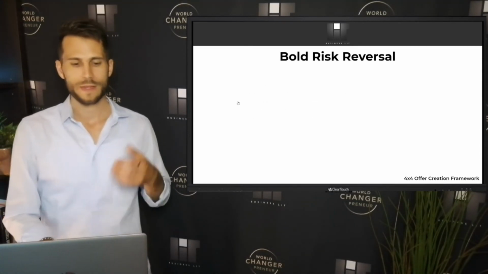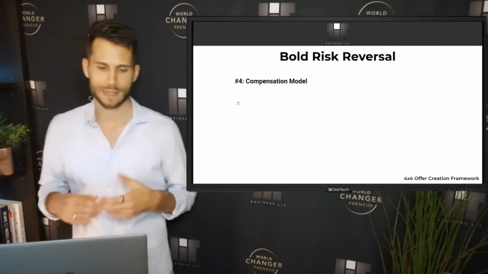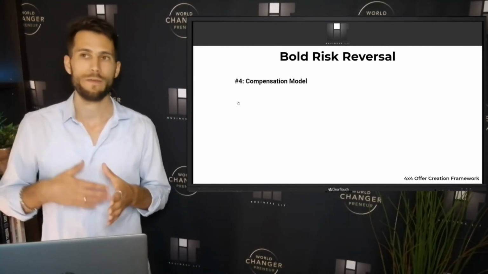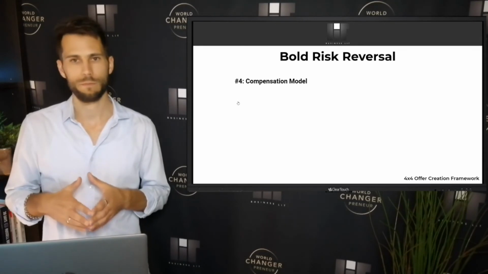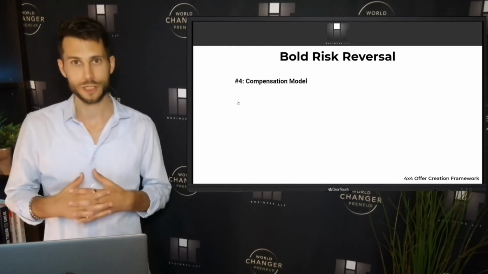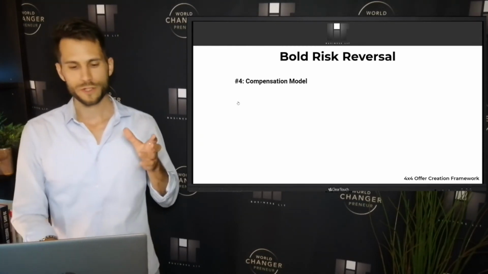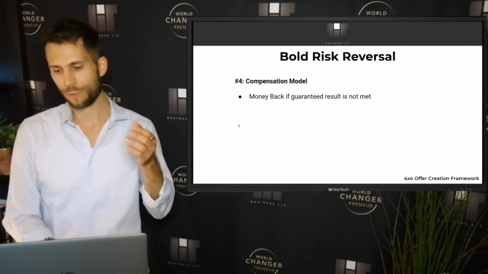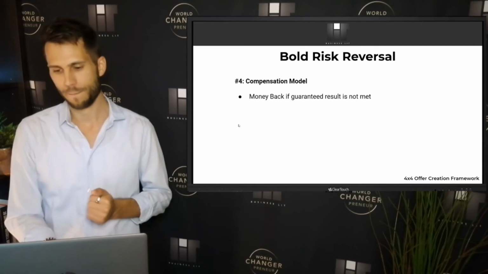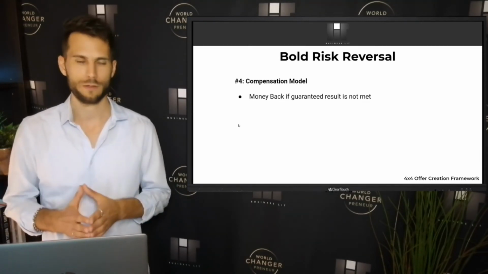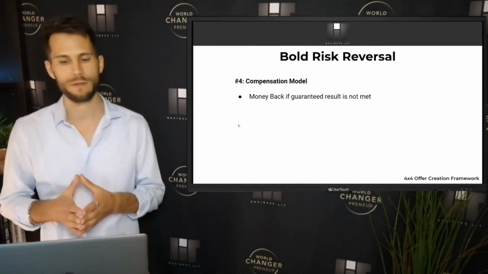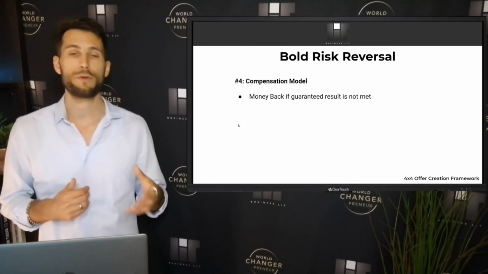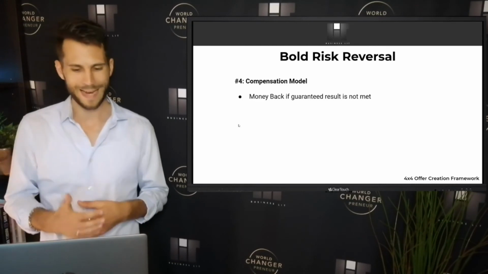And then the next very important step, of course, is how are we going to compensate if that minimal guarantee is not achieved. So there's different ways to do this. I'll just pick a few. Number 1 would be that we, of course, give them the money back. That is something very common. As I said before, the example of Domino's Pizza, fresh hot pizza in under 30 minutes, or you get your money back.